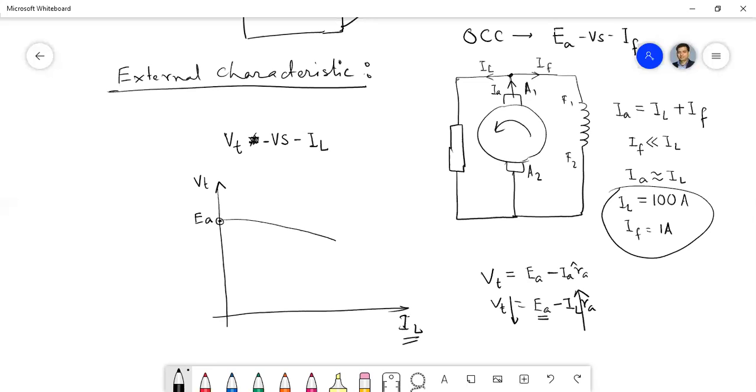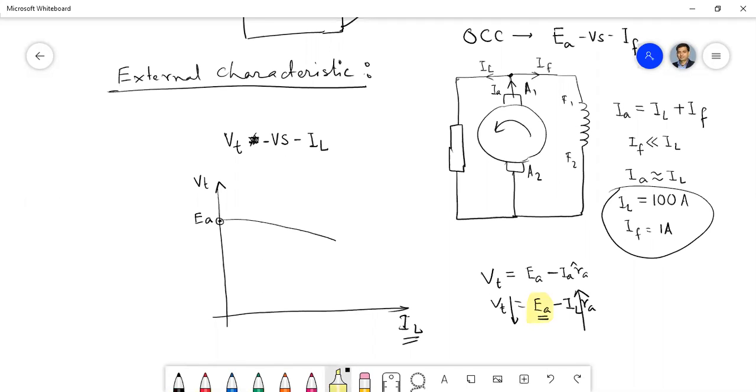Okay, so this is a simple voltage equation. This you can also expect for any battery, which is another DC voltage source, storage batteries. If the load is increased, due to the internal resistance of the battery, the voltage will drop. But in case of a DC machine, it is not that simple, because this EA will also vary due to some other reason.